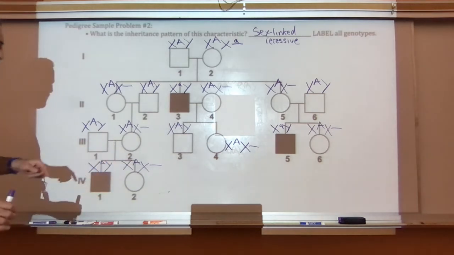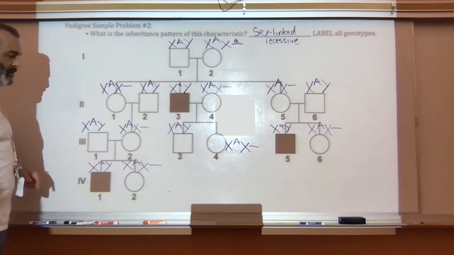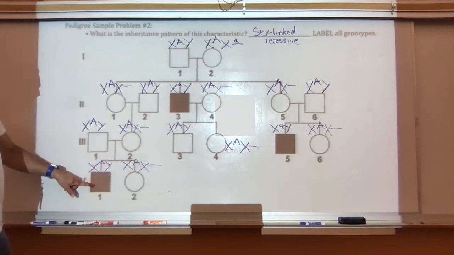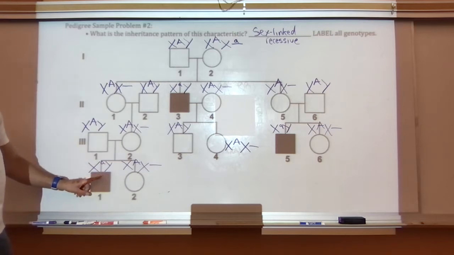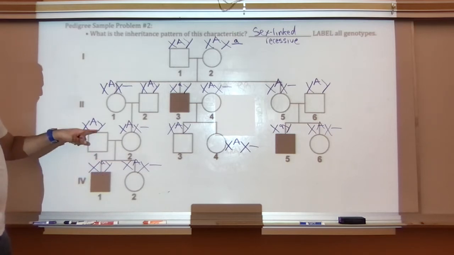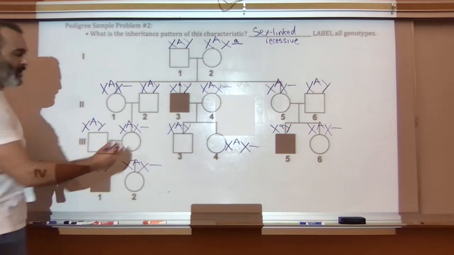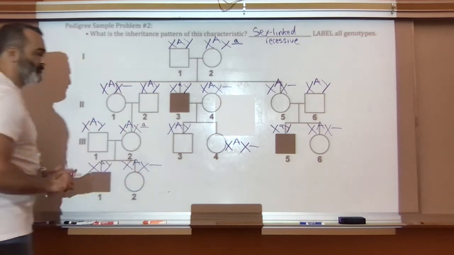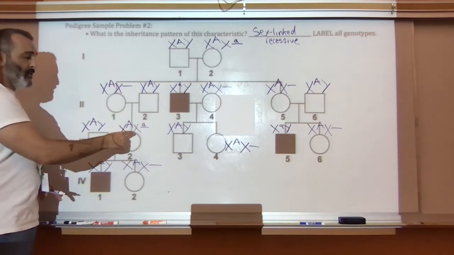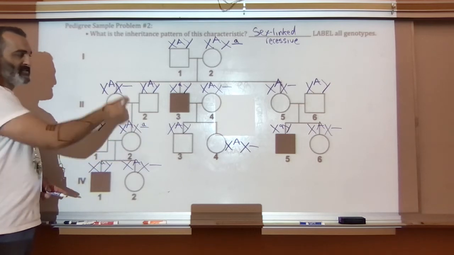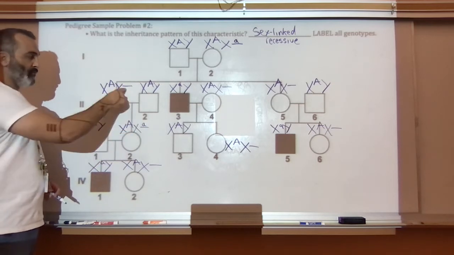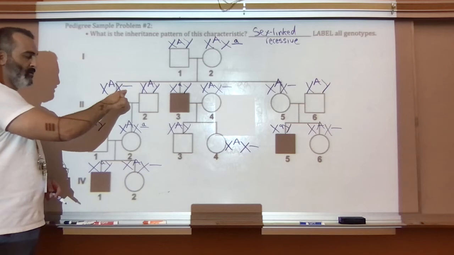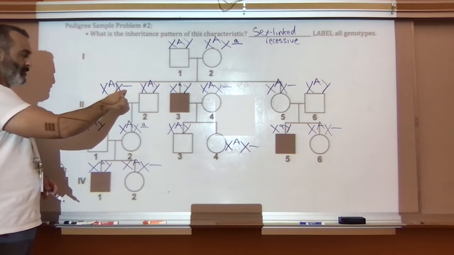Over here, let's look at this blank down here. That daughter made that boy. Where did the Y come from? This Y down here came from dad. That small a had to come from mom. Okay, and now let's go back here. We have a small a here. We still can't prove that that's also a small a. We cannot prove it.